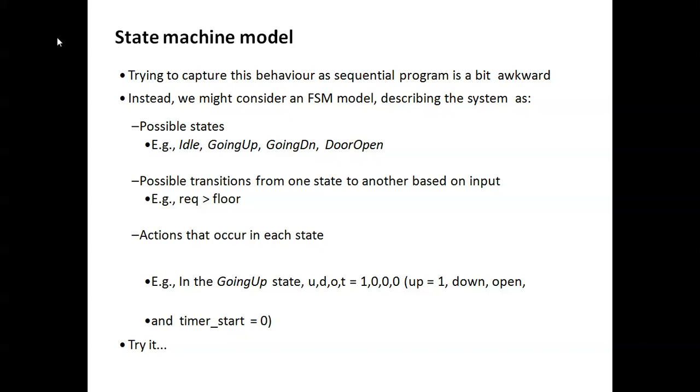The possible transition from one state to another is based on the input. For example, the action that occurs in each state, such as the going up state: up is one, down is zero, open, and the timer.